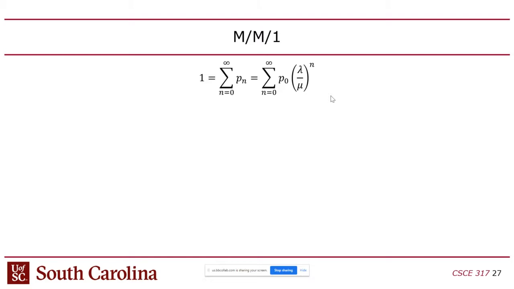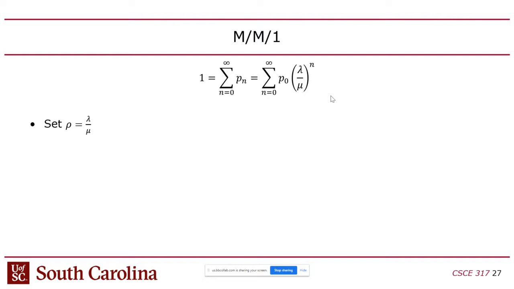So 1 equals the sum of Pn from n equals 0 to infinity, and we now know the probability of Pn. Again, it's not perfect because there's a p0 in there, but we can replace p sub n with p sub 0 times lambda over mu to the nth power. That's a little better.